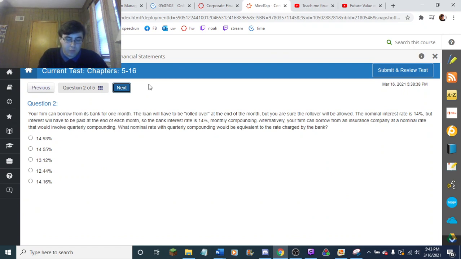C/Y is 12, enter. The effective is 14.93. So second reset, enter. So now we have an effective rate of 14.93. Enter. And the payments per year is quarterly, which means it's 4 times per year. So now the nominal rate is 14.16%.